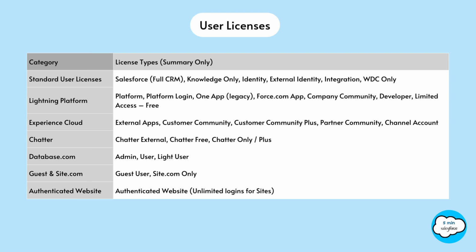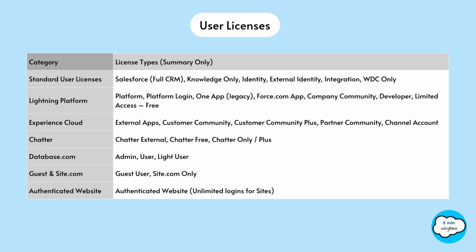Under Lightning Platform we can have licenses related to platform logins, developer, community, limited access features. Under Experience Cloud licenses we can have features access related to external app, customer community, community plus, partner community.